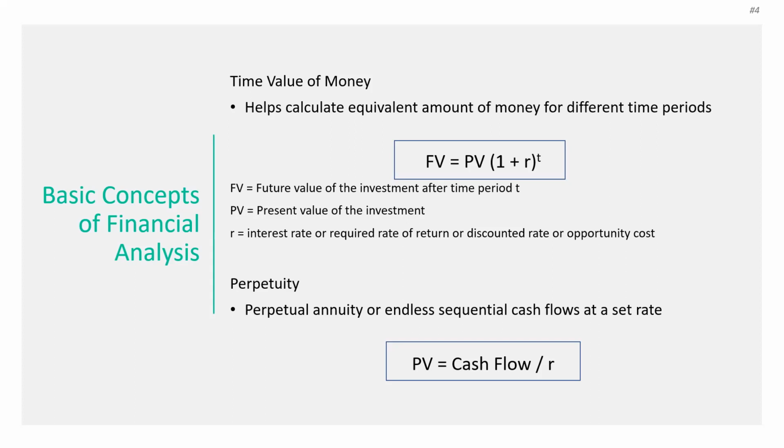Essentially, it helps you calculate the equivalent amount of money for different time periods. So if you are generating an X amount of cash flow today, it helps you see what it will be worth 2 years, 3 years, 4 years, 5 years, or any n number of years from today.